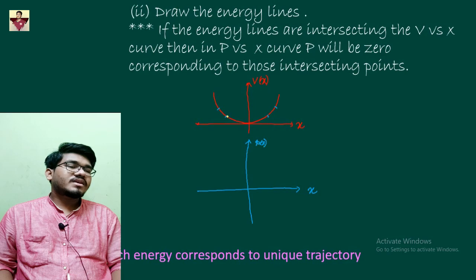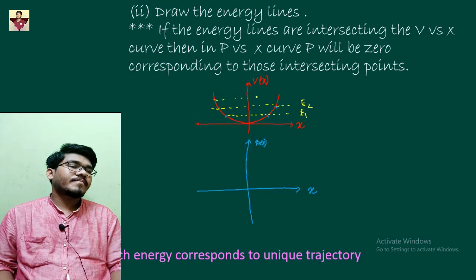Let's say this is the energy line E1, and another energy line, say this is E2. I am just drawing two energy lines; many more energy lines can be there.